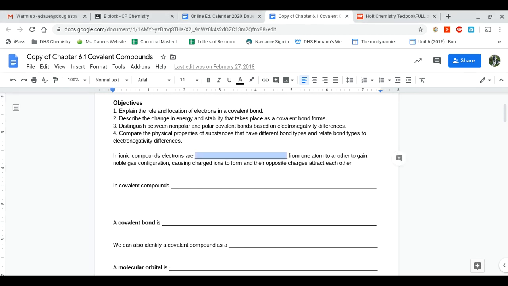In ionic compounds, electrons are blank from one another to gain noble gas configurations. We said that in ionic compounds, electrons are transferred. So your first blank in your guided notes is transferred. We like to use the word transferred with ionic compounds because when you were getting your Get Salty posters, for example, if you had done sodium chloride, you recognize it is one electron that sodium has lost, and it is the same one electron that chlorine has gained.